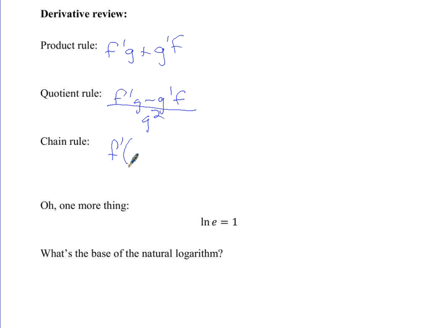F prime times u prime. That's the chain rule. And then one more thing: the natural log of e is equal to 1, along the same logic as the natural log of 1 is equal to 0. Why is the natural log of e equal to 1?